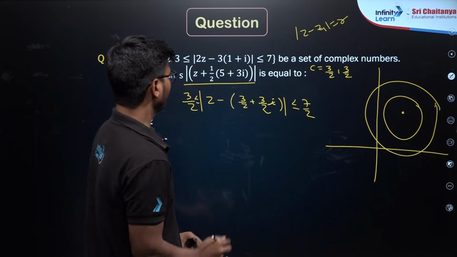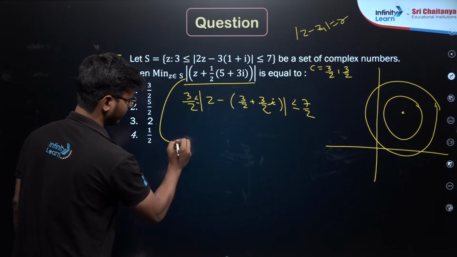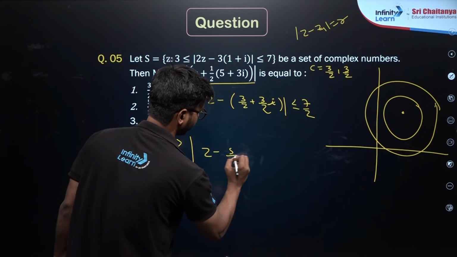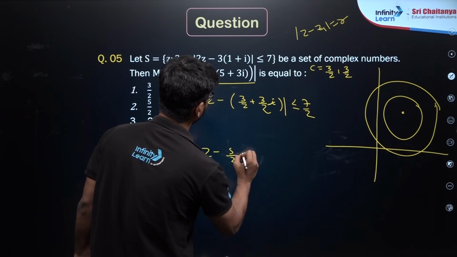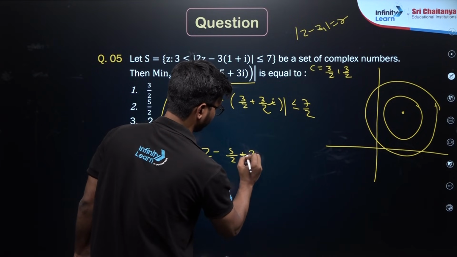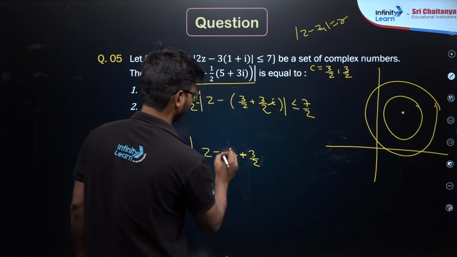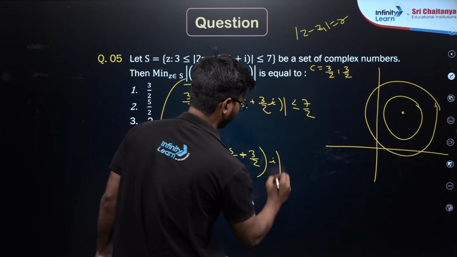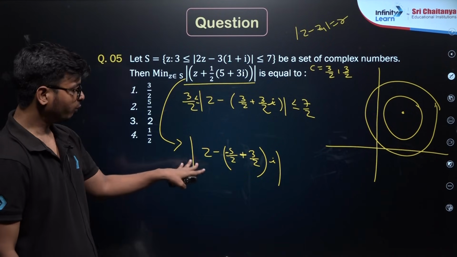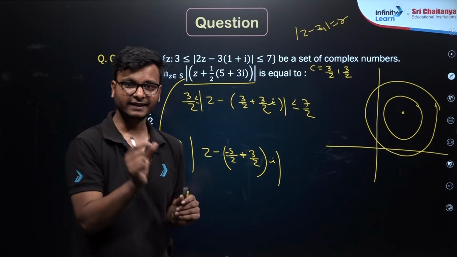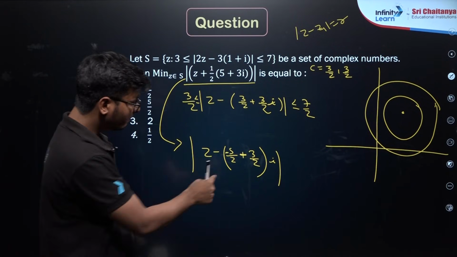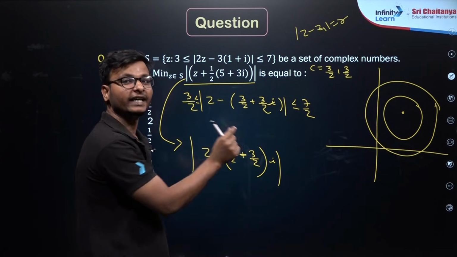Correct? Okay. Now if you observe, this can be written as mod of z minus (minus 5 by 2 minus 3 by 2 iota). What does this mean? I want to find the minimum of this. This means that I want a complex number z whose distance from this point is minimum.